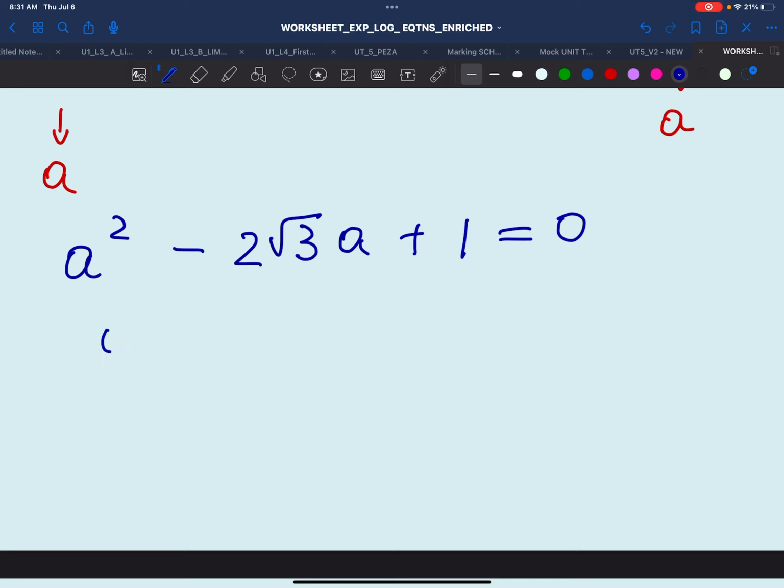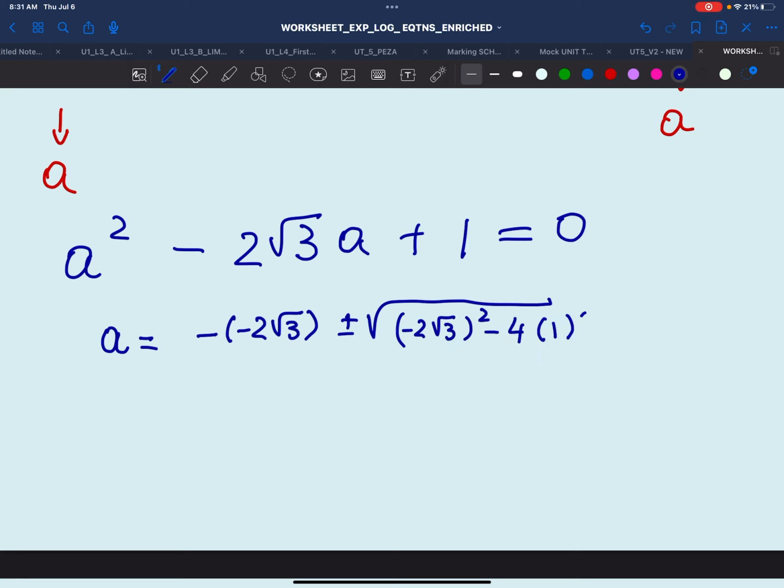So we're going to say that the coefficient a, or the unknown a we're solving for, would be equal to negative coefficient b, so negative 2 root 3, plus or minus the square root of, remember we have the discriminant, so that would be negative 2 root 3 squared minus 4 times 1, over 2 times 1.